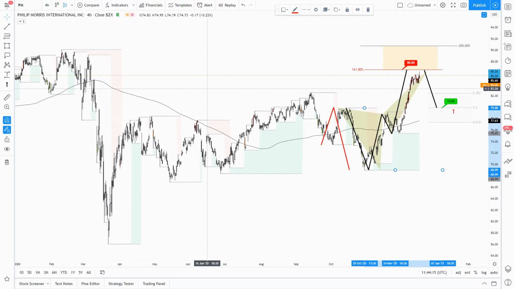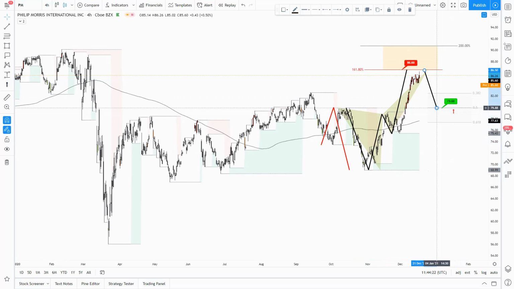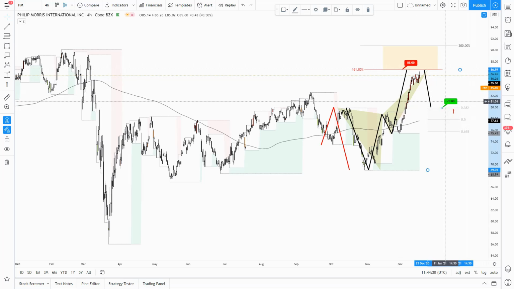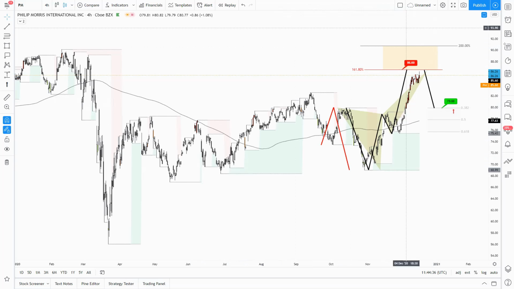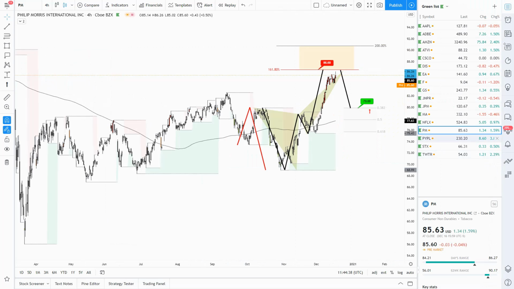So you just need a few points above as a stop for that specific pattern. And we expect, as I said before, the 38% fib as a default target, projected at 79.88. So we expect that retracement at some point for Philip Morris.